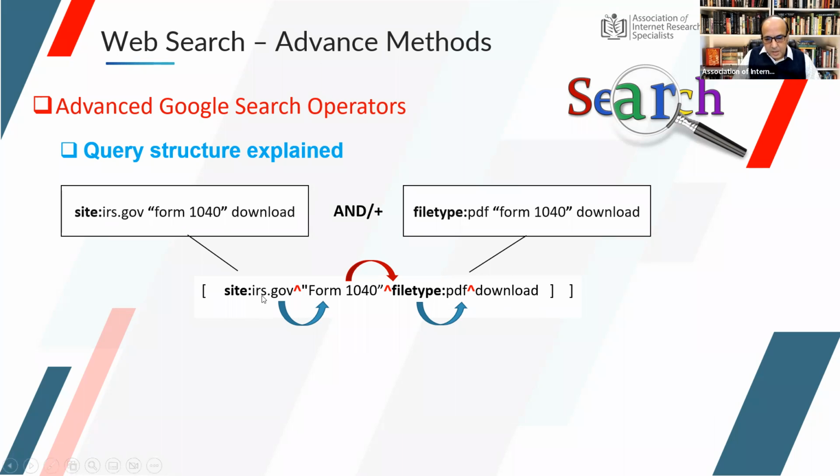So if it is site colon irs.gov and you want a form 1040 followed by the filetype, which needs to be a PDF, and the term that would be preferable is download, you can literally be putting these two together in combination to give you a document which is a PDF file. That's all this is saying.